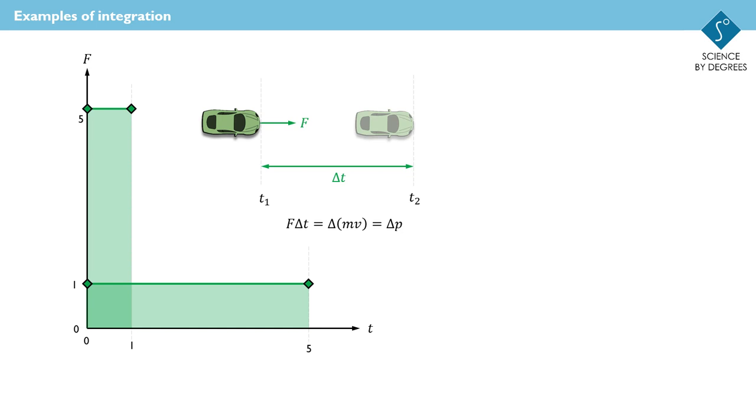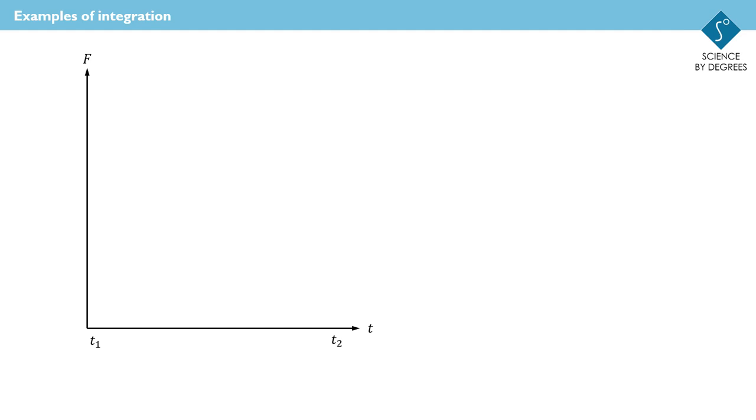An example of momentum where a force isn't constant might be, for example, a golf club hitting a ball, and here is a model of the force on the ball from the golf club. It's certainly not constant. Now, what would we do here to work out the change in momentum of the golf ball?